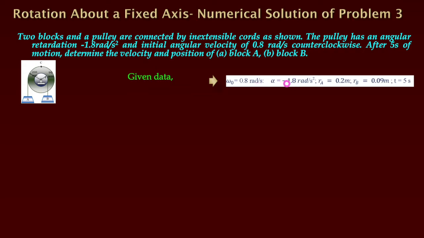Retardation, so angular acceleration is minus 1.8 radian per second square. RA, the radius of the pulley attached to block A, is 200 millimeter or 0.2 meter, and the radius of the pulley attached to block B is RB, which is 0.09 meter or 90 millimeter, and the time t is 5 seconds.